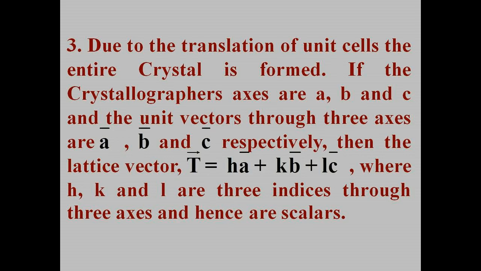If the crystallographic axes are A, B and C and the unit vectors along the axes are A bar, B bar and C bar respectively, then the lattice vector T arrow equals H A bar plus K B bar plus L C bar, where H, K and L are 3 indices along the 3 axes and hence are scalars.